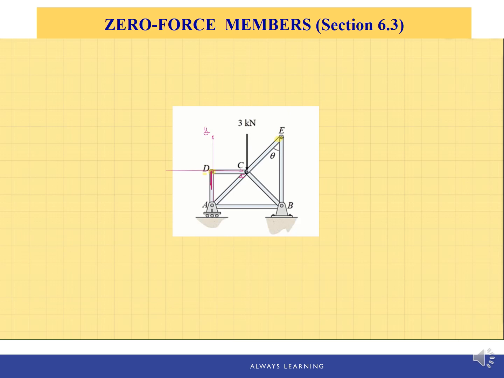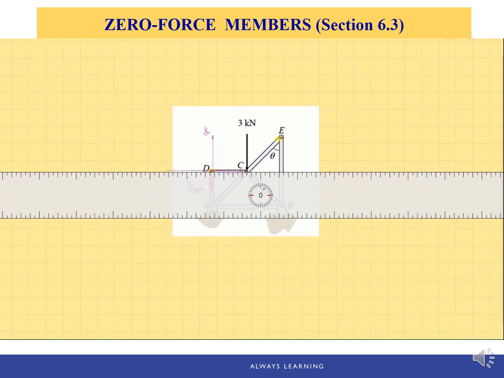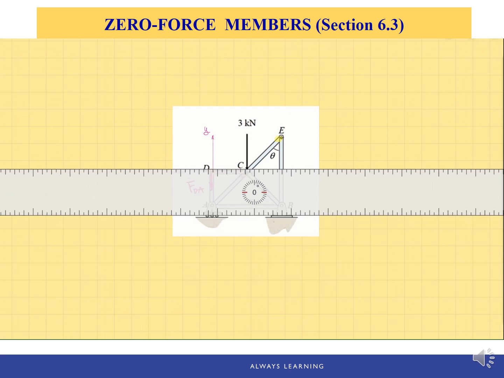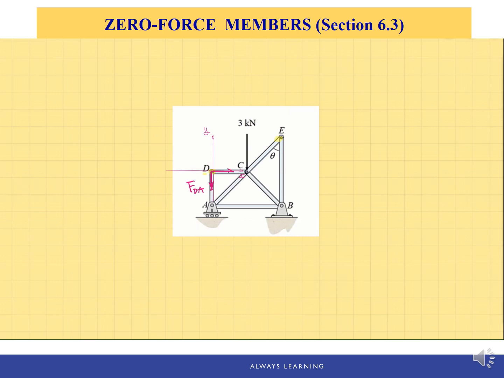So we'll call this force FDA, from D to A. And there's another member DC connecting by the pin, so there will be a force exerted on this pin by this member DC. We assume DC is in tension as well, so it will pull away from the pin as well. So this is FDC. Okay, so that's the only two forces applied at pin D.